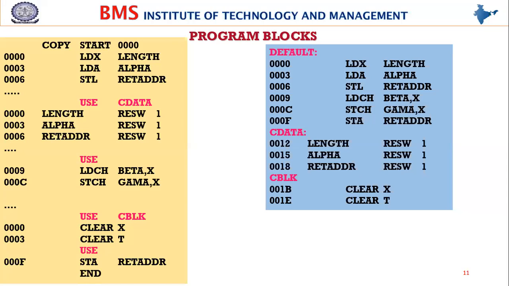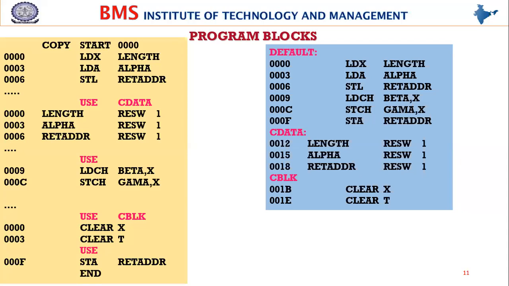Similarly, CDATA is the next program block, which continues from the last address of the default block. Three bytes from 000F gives 0012, so CDATA starts from 0012, which has the instruction length, alpha, and return address declarations, allocated memory continuously with three bytes each.